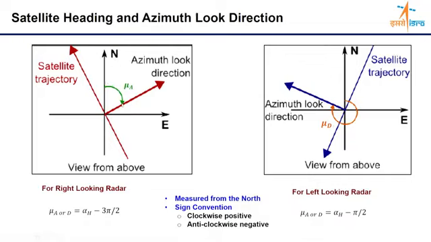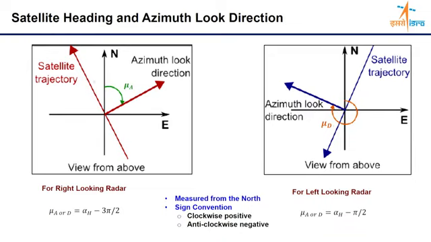So this angle is plus 75, or you can say this is minus 285, because if this is 75, the angle from here to here will be 360 minus 75, which will be around minus 285. So you can write azimuth angle as minus 285 degree or plus 75 degree.